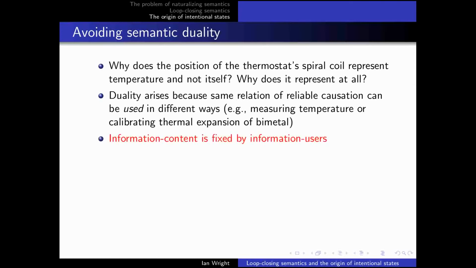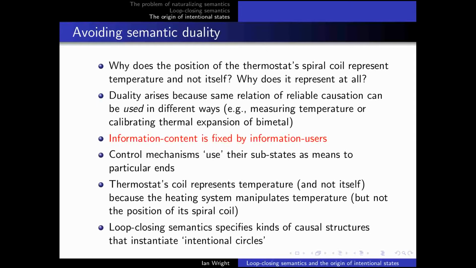A loop closing theory takes the stance that control mechanisms use their states as means to particular ends. So for example, a thermostat's coil as part of a heating system represents temperature because the heating system in fact manipulates temperature. It does not manipulate the position of its spiral coil, and nor does its activity instantiate a calibration use case.